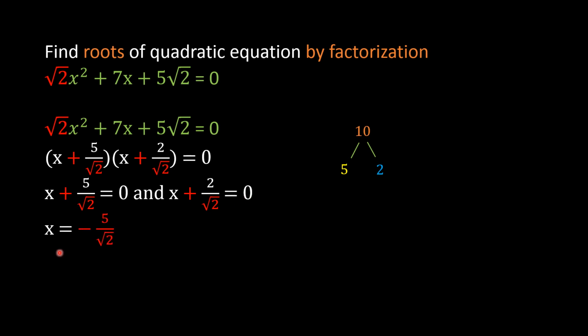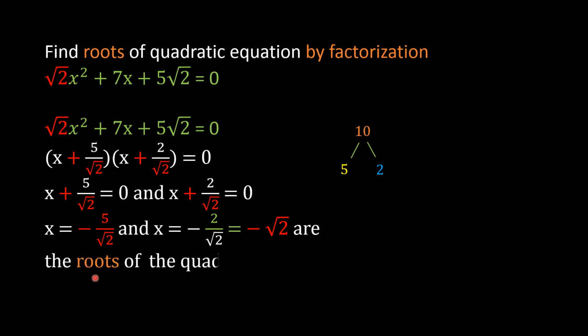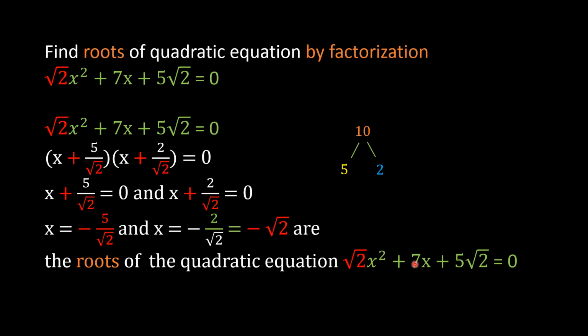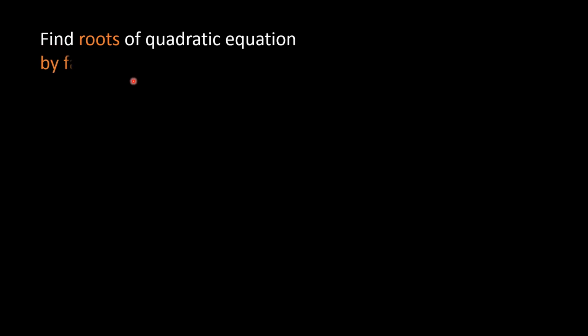It gives us x equals minus 5 root 2 and x equals minus 2 root 2, which is nothing but minus root 2. So these are the roots of the quadratic equation root 2x squared plus 7x plus 5 root 2 equals 0.